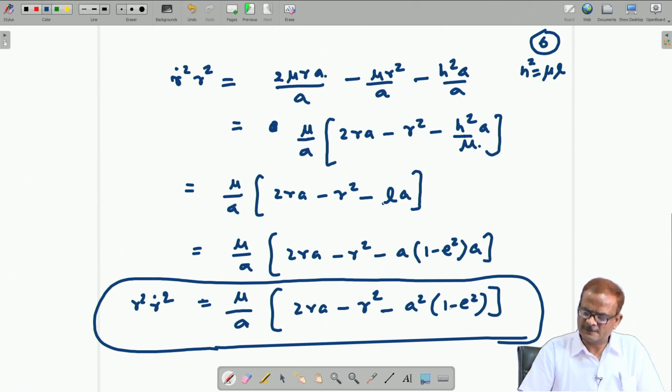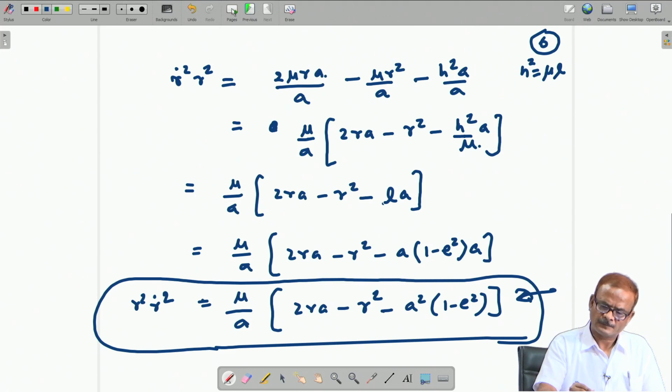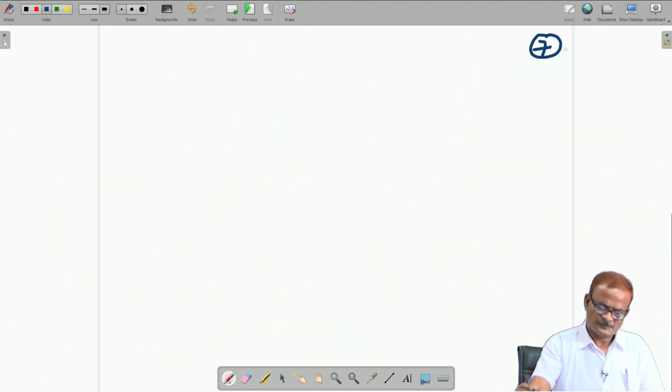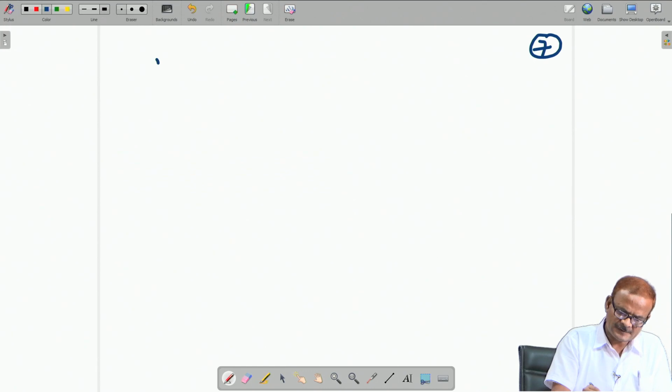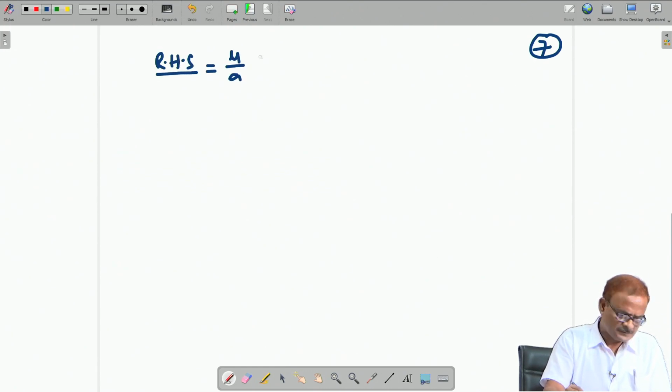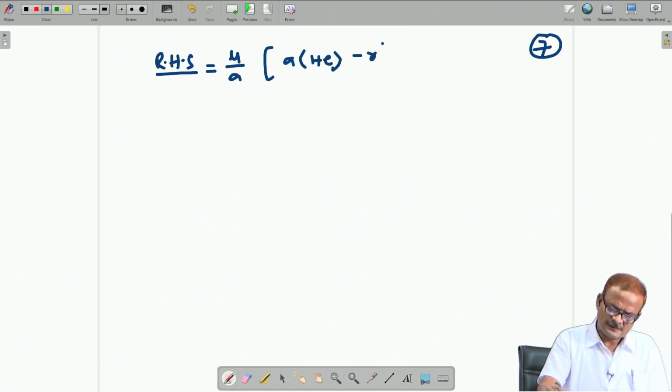So, what we will do, rather than breaking it and spending our energy, we will just take the right hand side of the problem itself and reduce it to see whether it matches with this one or not. So, in the actual expression, the right hand side is mu by a times 1 plus e minus r, and then r minus a times 1 minus e.